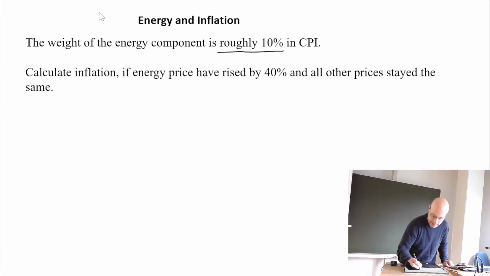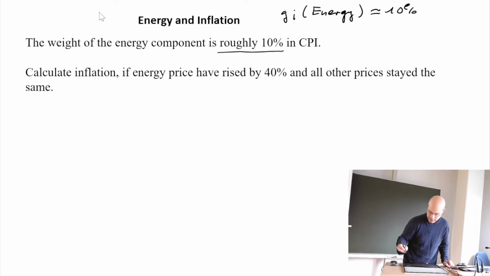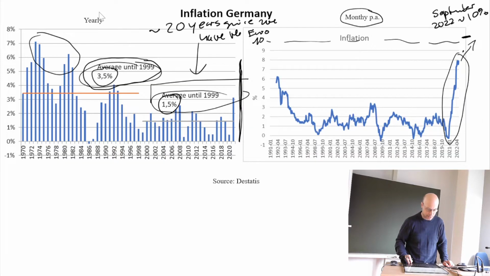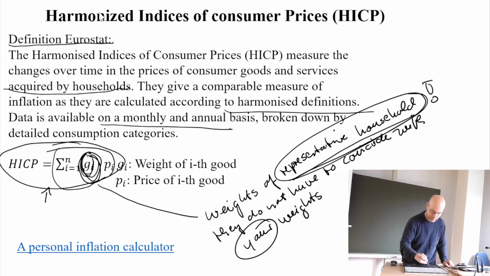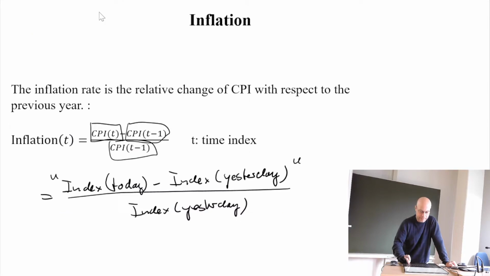So g_i of energy equals roughly 10%. If we go back to our definition here of CPI, then this is the weight of this weighted arithmetic mean. So this is for the energy goods roughly 10%.